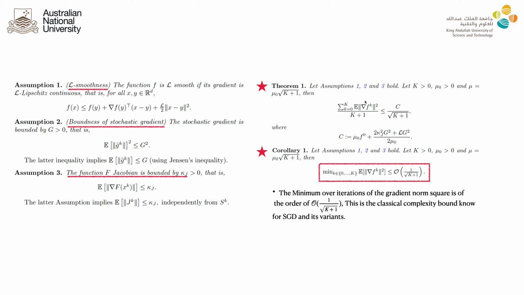The average of the gradient norm square over k plus 1 iterations is bounded by a constant times 1 over square root of k plus 1. The corollary is that the minimum of the gradient norm square over k plus 1 iterations decreases as 1 over square root of k plus 1. This is a classical complexity bound known for SGD variants.